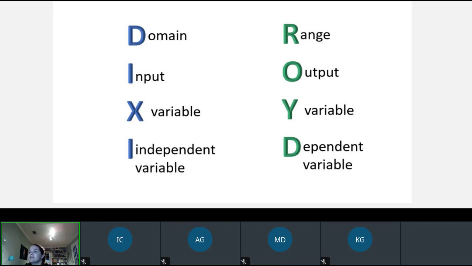So this is Dixie and Royd. So Dixie is for you to remember that domain is our inputs, our X variables, or our independent variables. Okay, and then Royd, talking about our range, that's going to be our output or the Y variable, or in other words, our dependent variable.